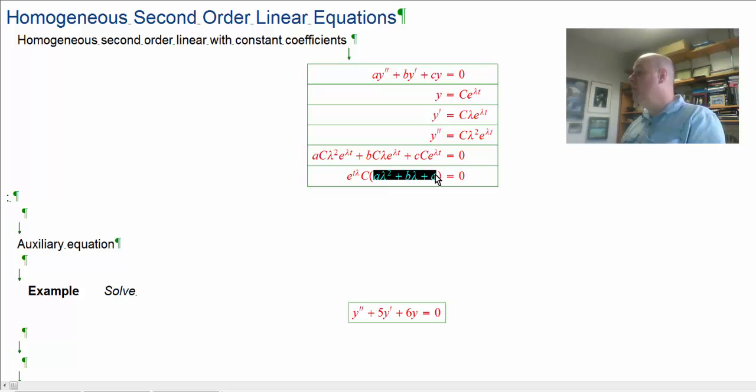So this equation has to be, well, I've got three things multiplied together to give me 0. The e to the lambda t can't be 0. The C, I'm about to say that can't be 0. I guess it could be 0, we don't know yet, but if it was 0, then the solution would be 0, its derivative would be 0, the second derivative would be 0, everything would be 0. So it could happen, but then your initial conditions would have to be y equals 0 and y prime equals 0 at t equals 0.